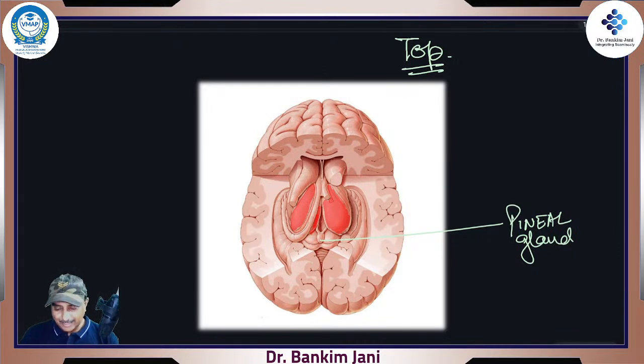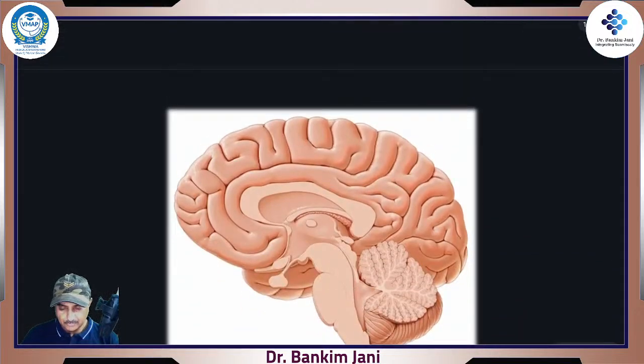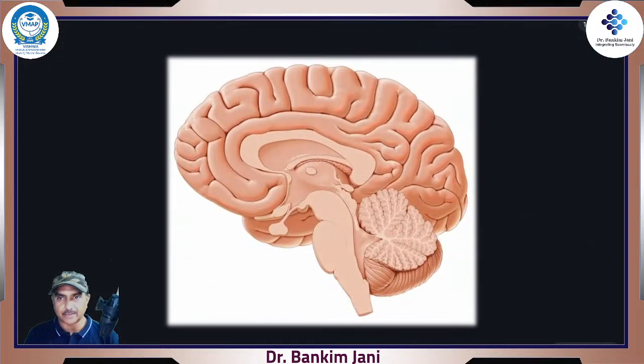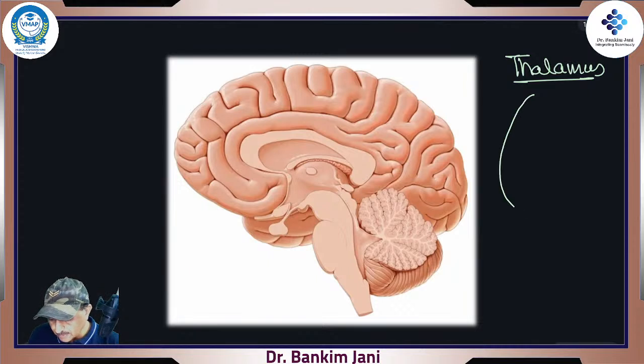Now, if this is thalamus, we said that it has got 4 parts. Diencephalon has got 4 parts: thalamus, epithalamus, hypothalamus, and the subthalamus. The thalamus, if you really draw, its shape is like this.